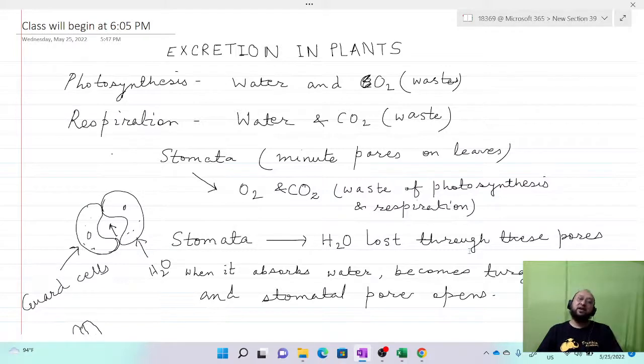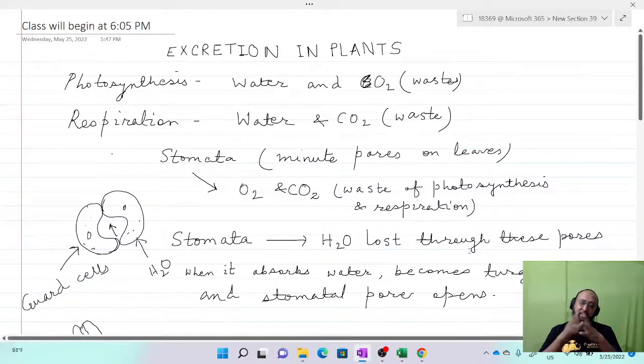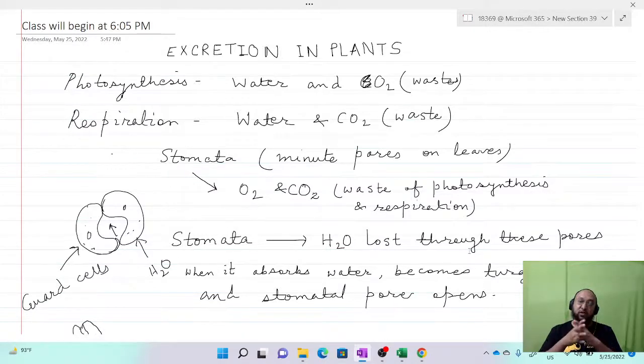Oxygen, being in a gas form, is eliminated, and even water in its gaseous form, water vapor, is lost through the stomata. Okay, in case of respiration, water and carbon dioxide. Respiration is the catabolic reaction, breaking down of substances. It breaks down the glucose molecule for the production of energy.